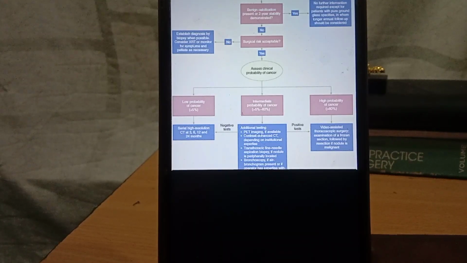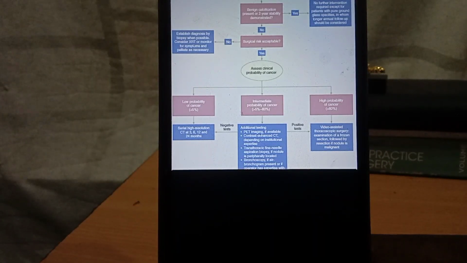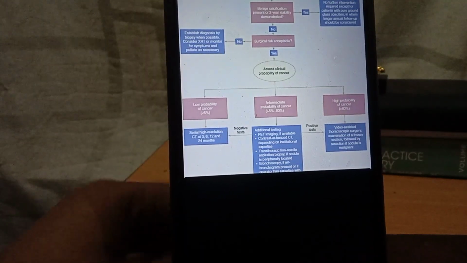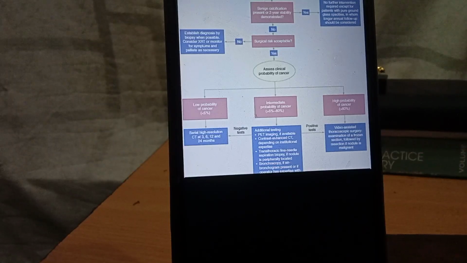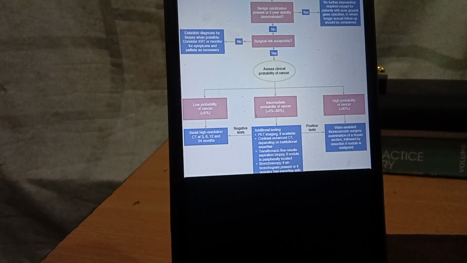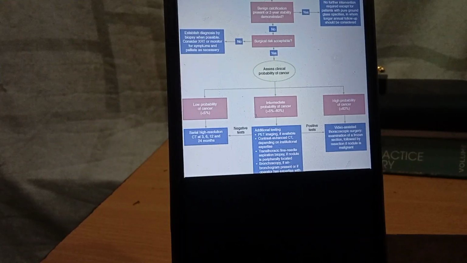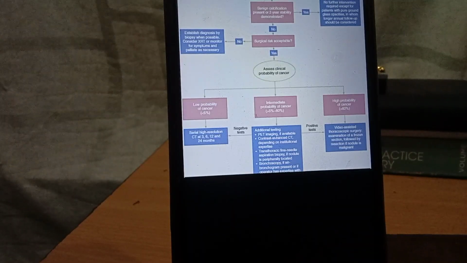When there is intermediate possibility of cancer, we do PET imaging or CT depending on institutional expertise, and then transthoracic fine needle aspiration, then bronchoscopy if air bronchogram is present. And if there is high probability of cancer, we do video-assisted thoracoscopic surgery, examination of a frozen section followed by resection if the nodule is malignant.